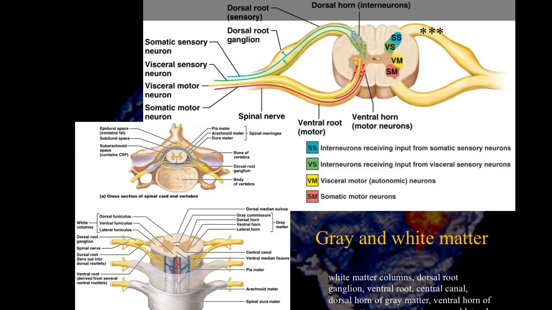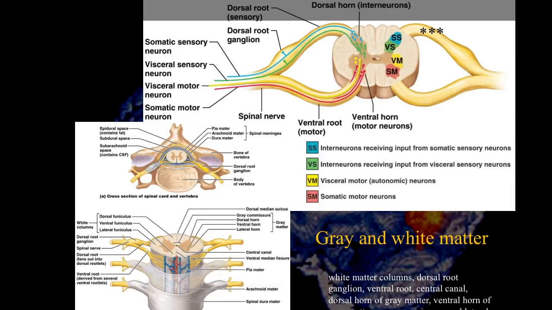Sensory. So these are going to be interneurons receiving input from the somatic sensory neurons and then from the visceral sensory neurons. So somatic, remember, is skin and muscles. Visceral is all those other organs. So they're going to be little neurons that are picking up the information and deciding, can I do something here or do I need to send it out to the brain for it to decide?